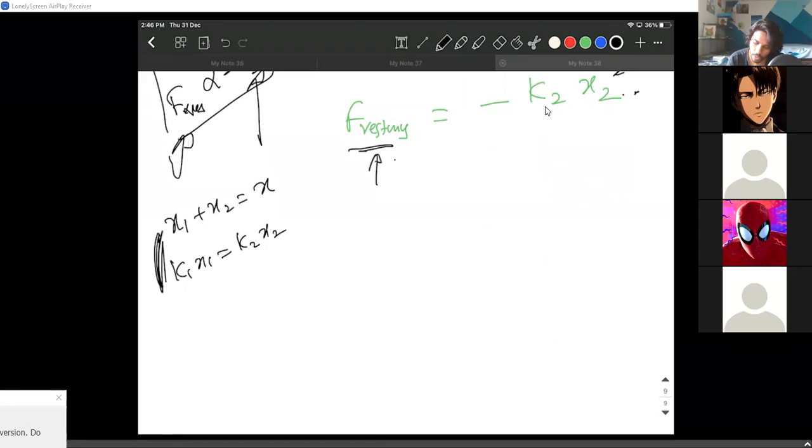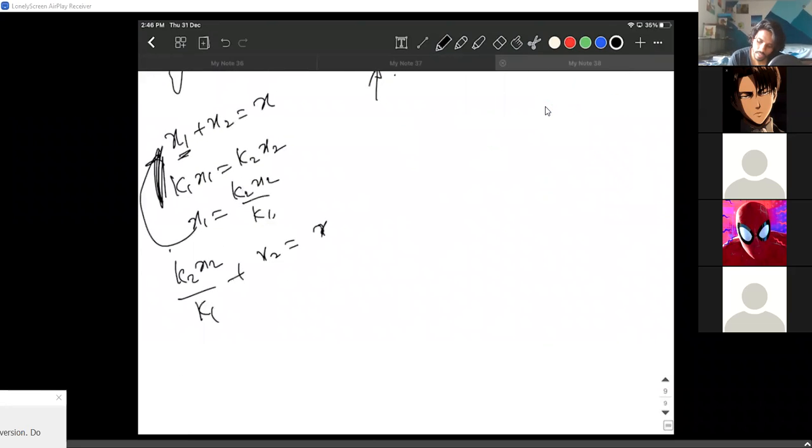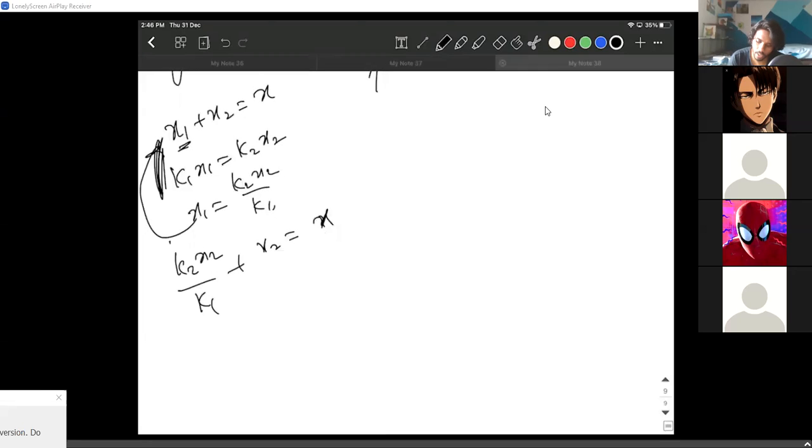Let me show it to you. In the place of x1, I can write k2 x2 by k1. So I put it in: k2 x2 by k1 plus x2 equals x. Taking x2 out, k2 by k1 plus 1 into x2 equals x. So x2 equals x by 1 plus k2 by k1.